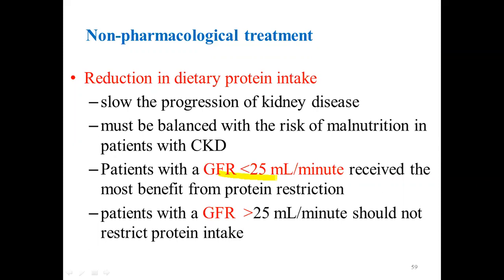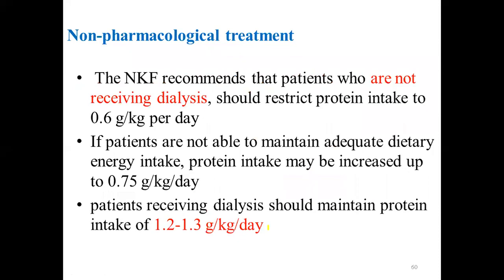Especially if GFR is less than 25 ml per minute, remember, this is already stage 4. So restriction of protein is really beneficial. But if the GFR is above 25, there is not much importance in restricting.